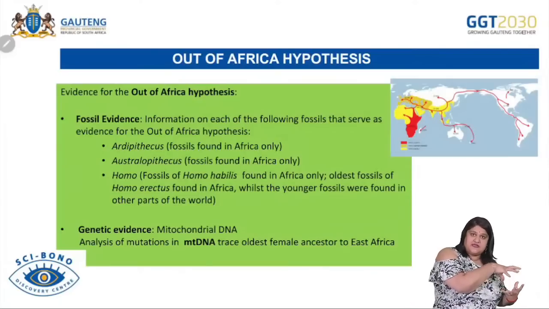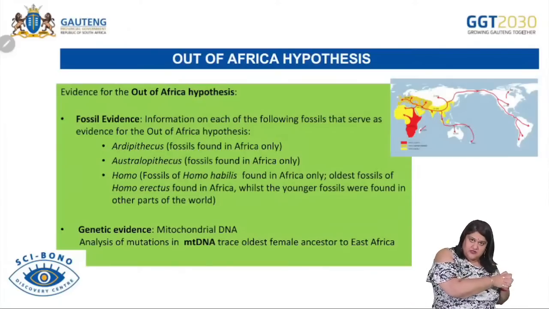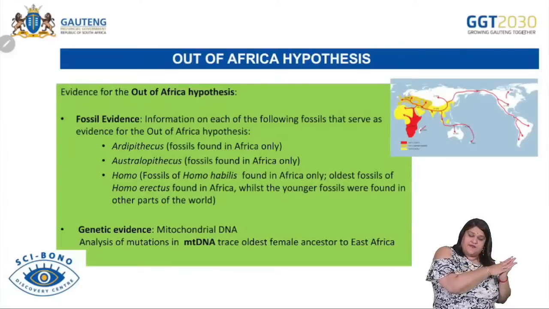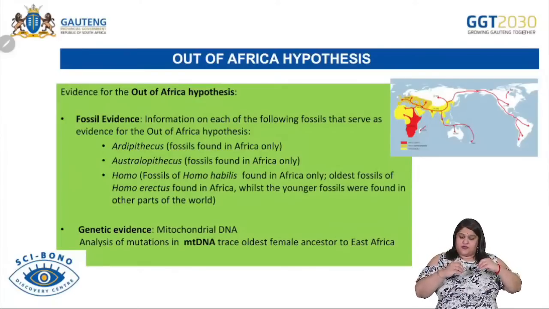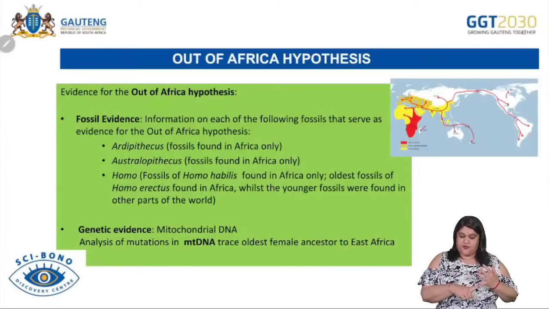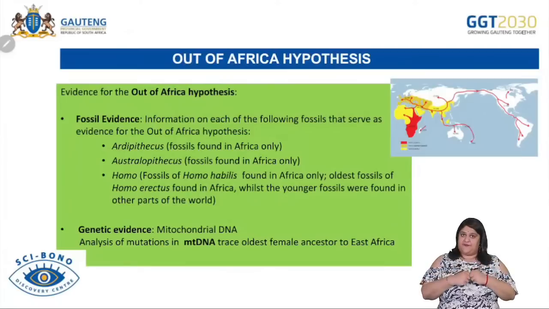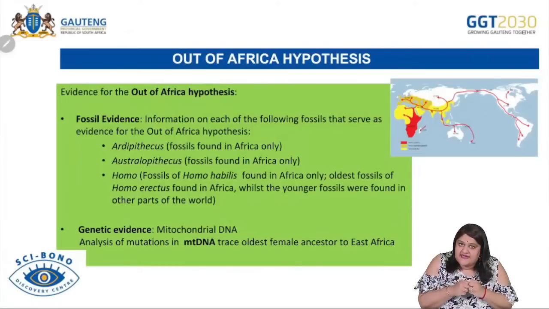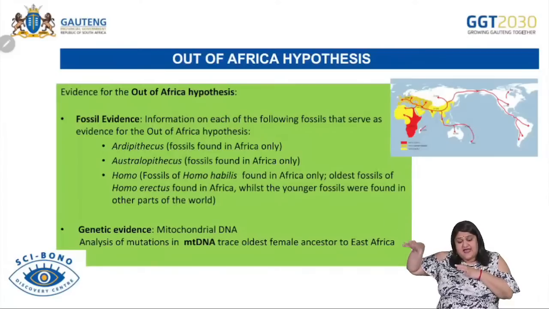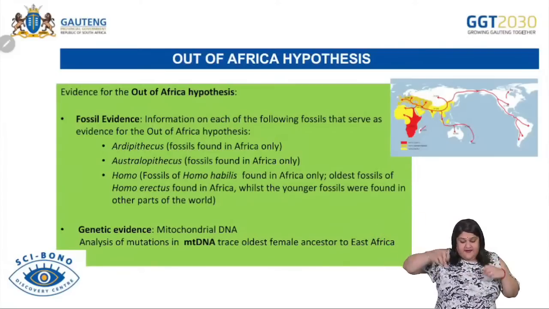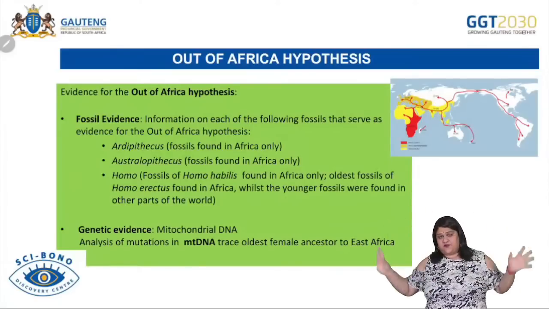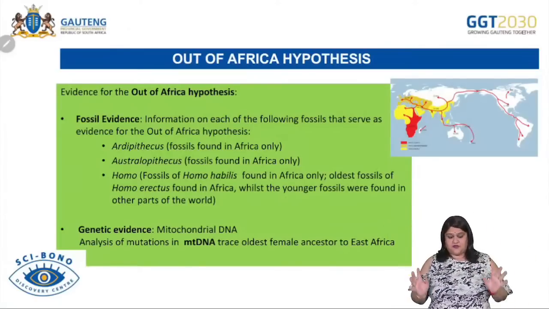Remember, Ardipithecus and Australopithecus came first. They were the previous ones. They were found only in Africa. The early Homos, Homo habilis, for example, they were found in Africa only. But the early Homo erectus and the later Homo erectus were all found in Africa and in other parts of the world. That's how you explain it.